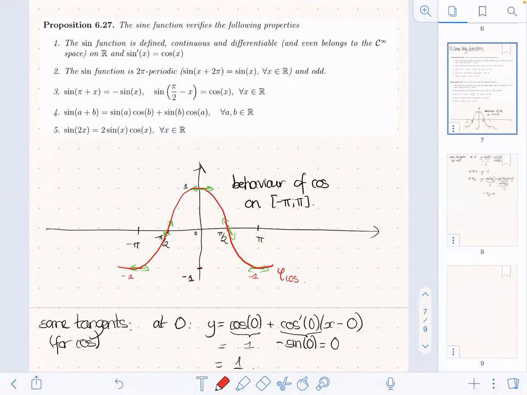So then if we want to graph the sine function, there are two ways of doing it. We can repeat this procedure again, computing some tangents, etc. Or you also know, using this property, that you just need to shift this curve by pi over 2.